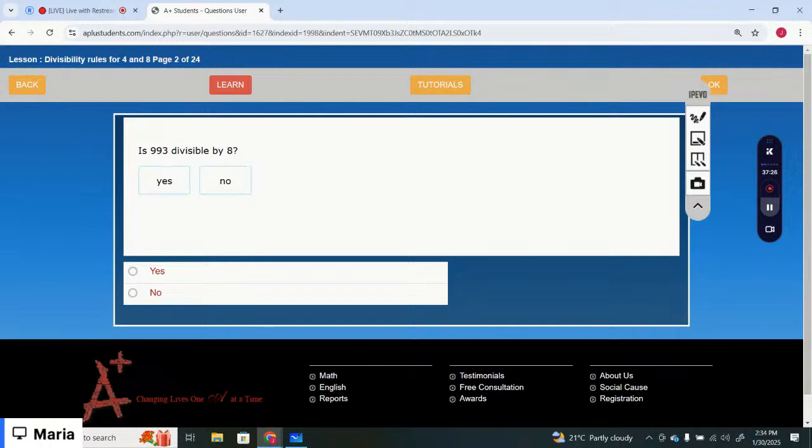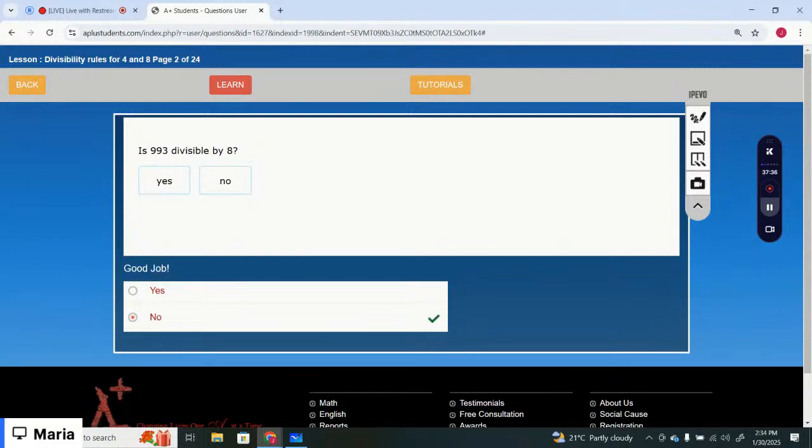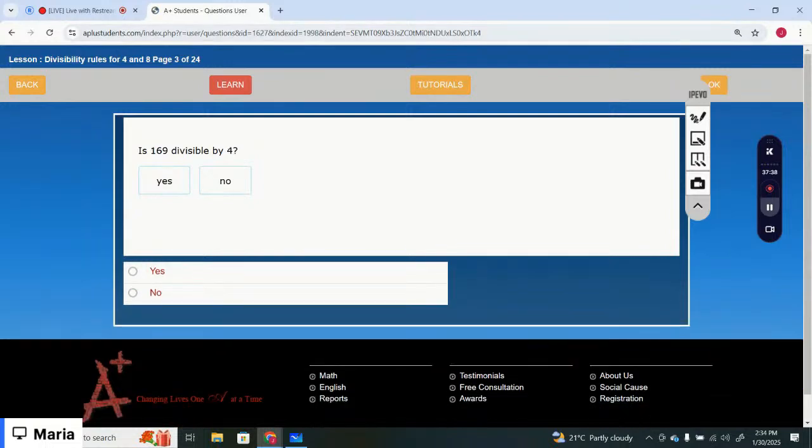Is 993 divisible by 8? I think no. No, 993 is not divisible by 8. Is 169 divisible by 4?